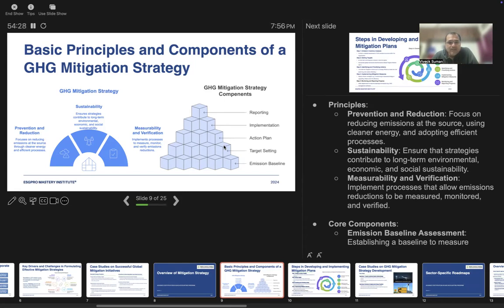The second model is the sustainability model. So the second principle which you can deploy is the sustainability principle. What it says is that whenever you put in a strategy, you ensure that the strategy is contributing to long-term environmental, economic, and social sustainability. It is not only talking about the planet. It is not only talking about how I will increase my profit. It should talk about the social part of it as well, people.